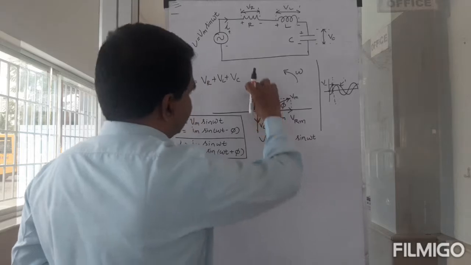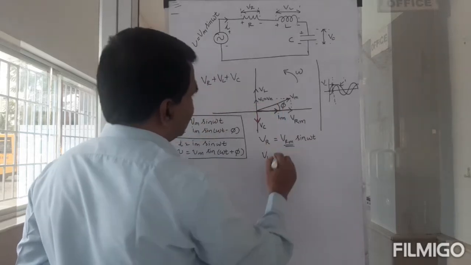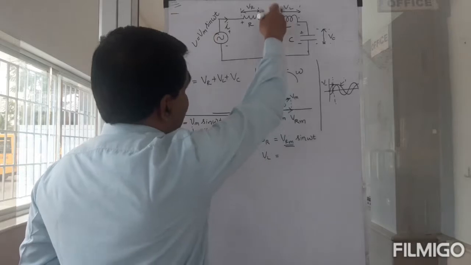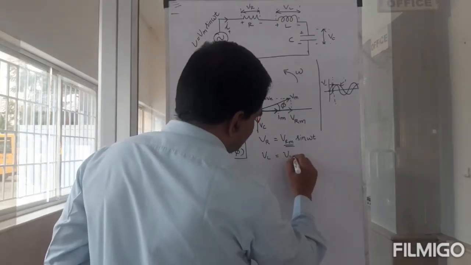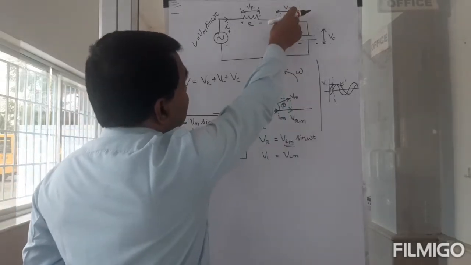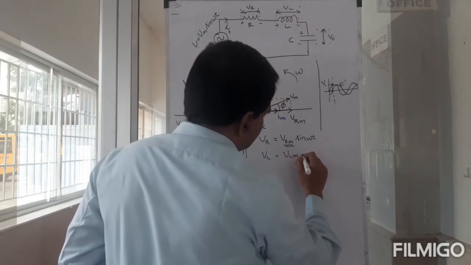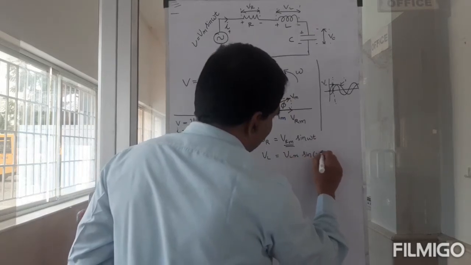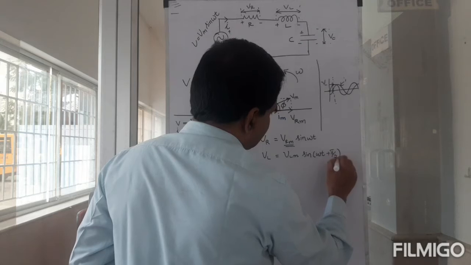And what about VL? VL at any point in time is also a sinusoidal function, so we're going to have VLM, and VLM will lead the current by 90 degrees, right? So it's going to be sine omega t plus pi by 2.